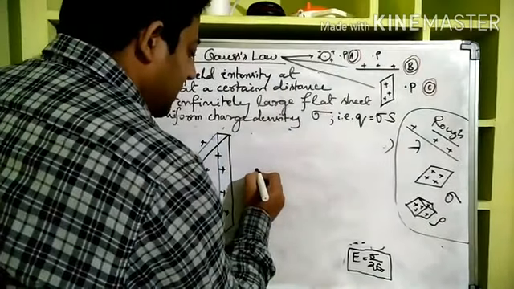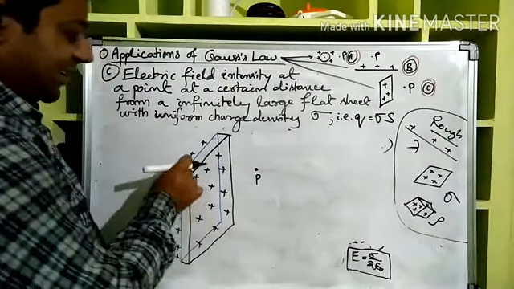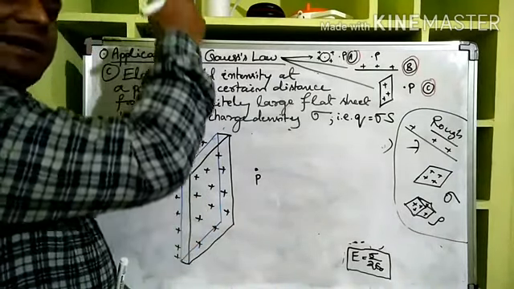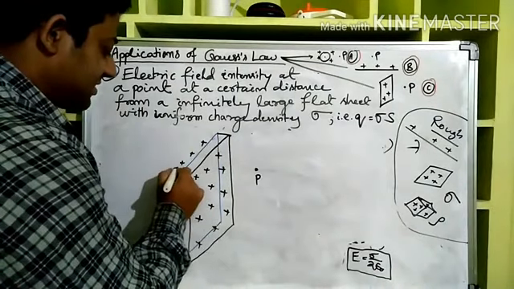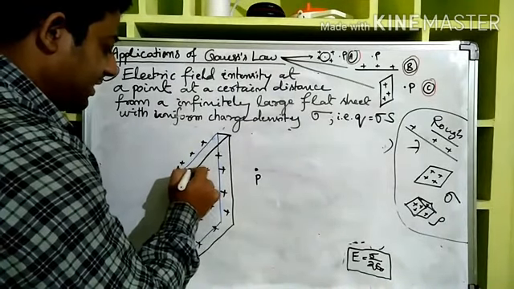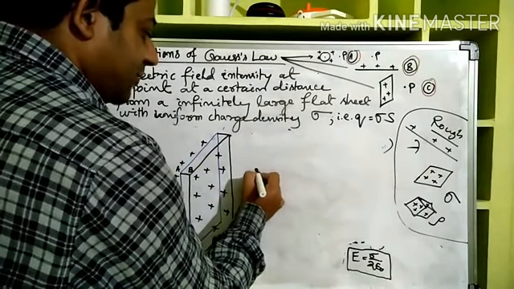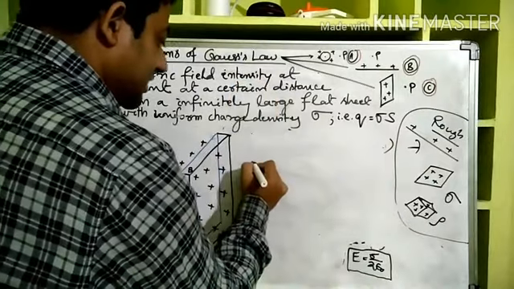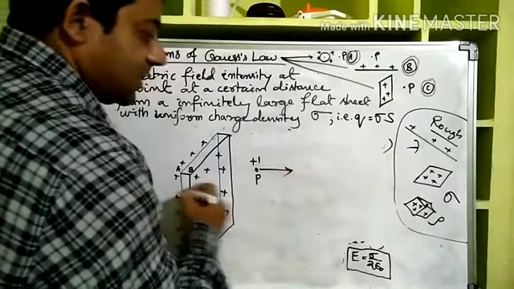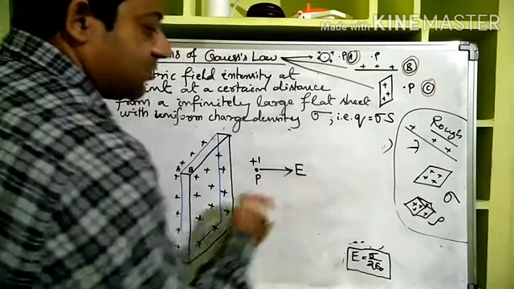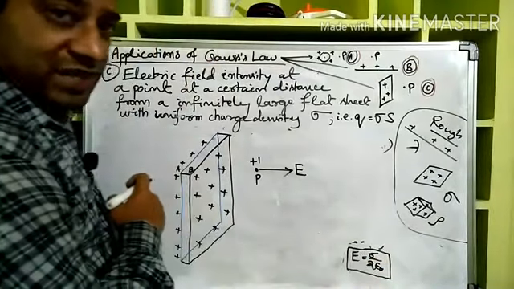Now at a point P we are going to calculate the electric field. Since the sheet is infinitely large, this thickness doesn't matter. Because of these two plates, plate A and plate B, you are calculating unit positive charge here. Plate A will repel it with E equal to sigma by 2 epsilon naught.